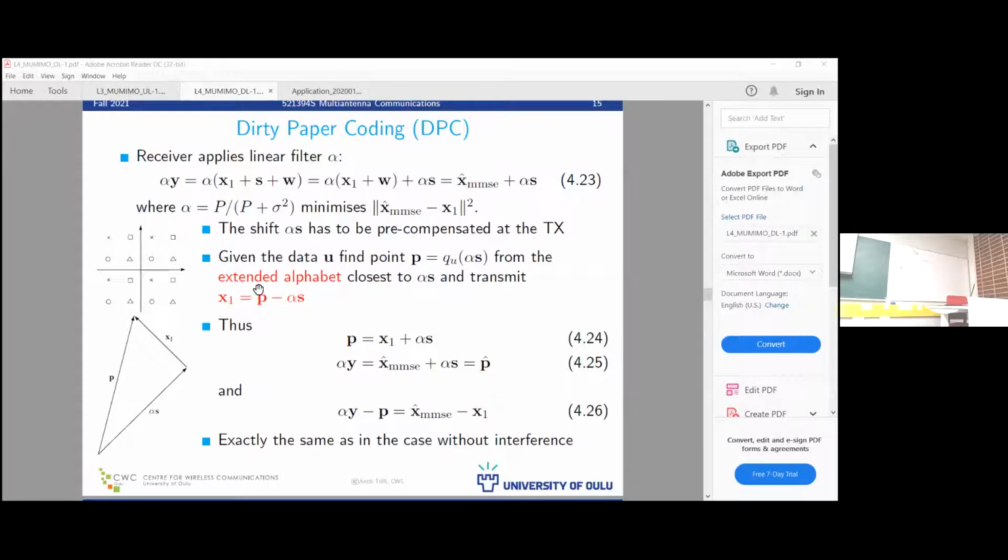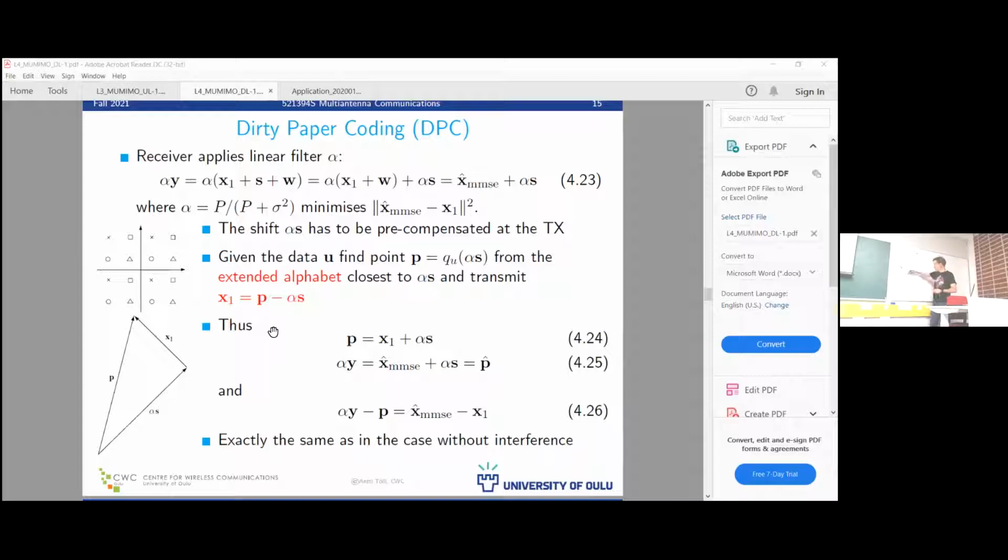Just basic vector math: alpha S plus x1 equals P, or P minus alpha S equals x1. On the other hand, if alpha S happens to be pointing here, then the x1 would be this one.